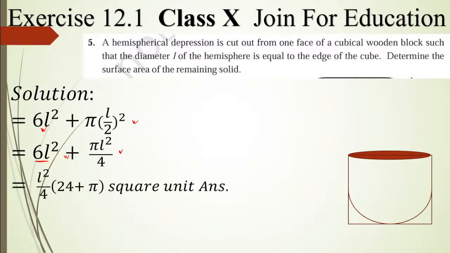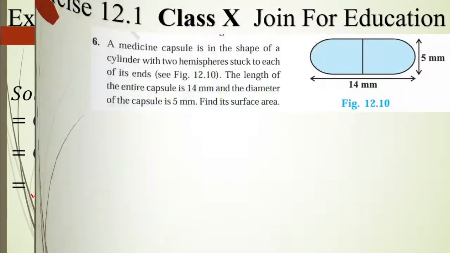So I have taken L square by 4 common, then we get here 24 plus pi, L square on it. So this one will be the answer of the surface area of the remaining solid. Hope that there is no problem to understand the solution of question number 5.